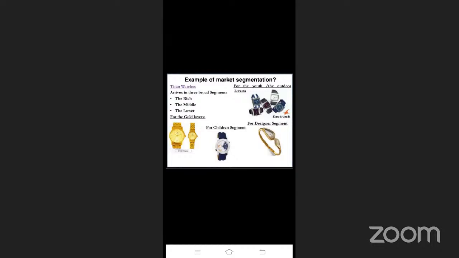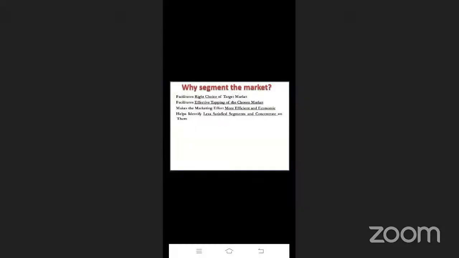And for the rich people also they are producing gold watches. So just now I have given the example of how in a market or in a town, a beauty parlor is open for women and a saloon is open for children and gents. Like that, according to the actual need of the customers, the market will be segmented.